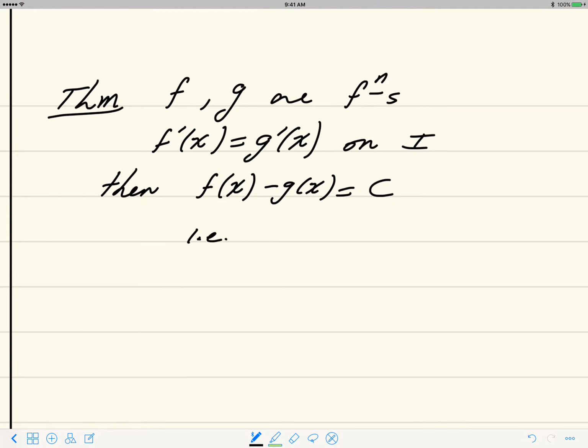Or in other words, one function is going to be the other function plus a constant.